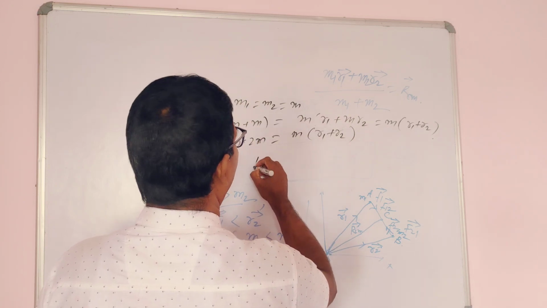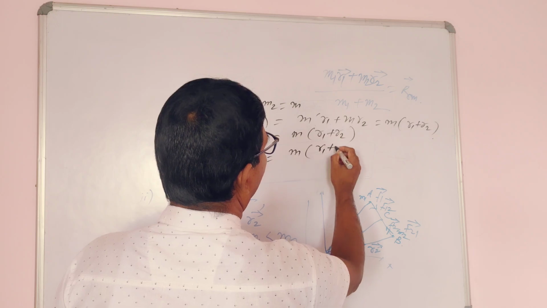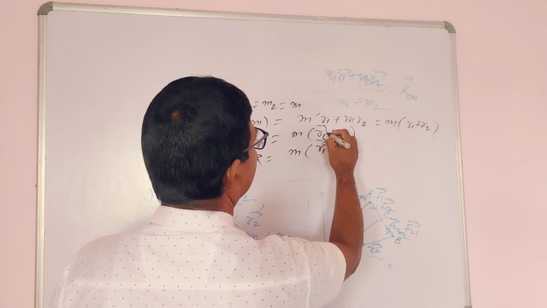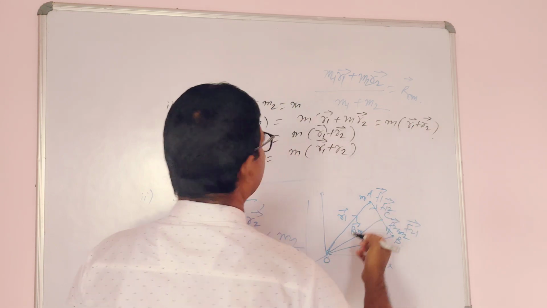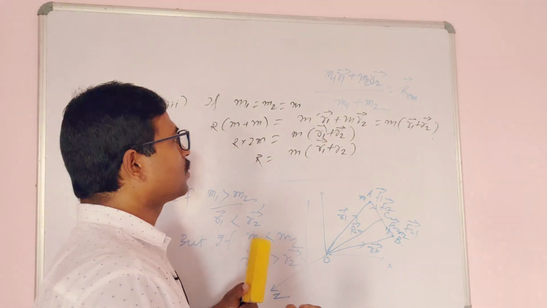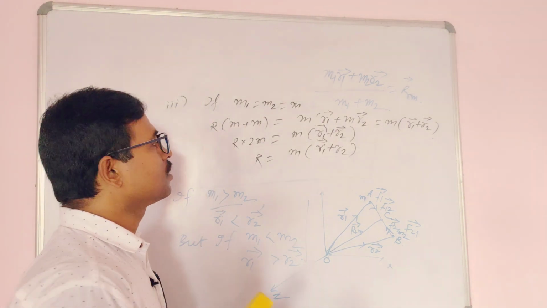That means R is equal to (r1 plus r2) by 2. You can give the position vector like this. If you are writing the scalar form, it is okay, but you have to write the position vector, because from the beginning you are assuming it is a position vector.